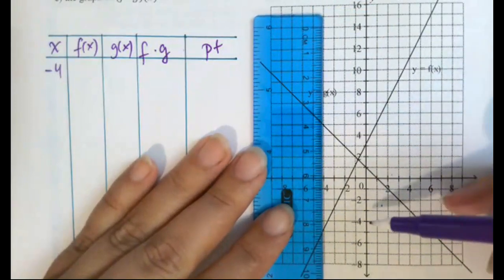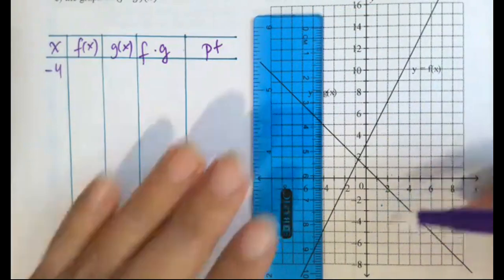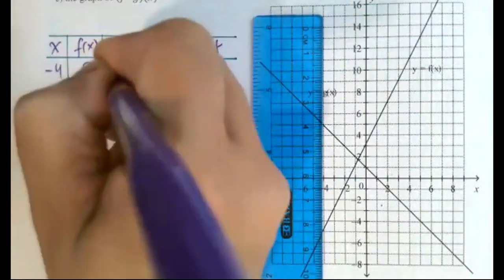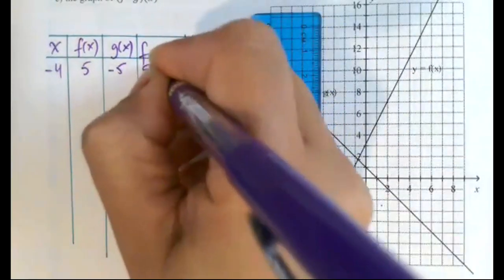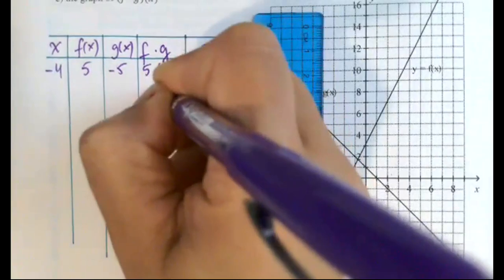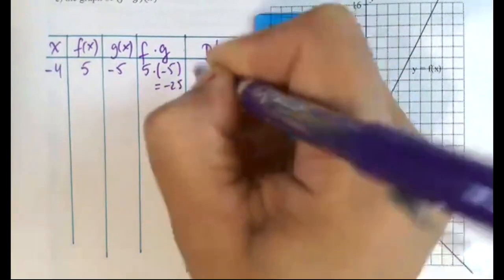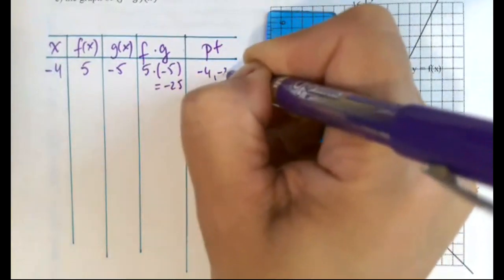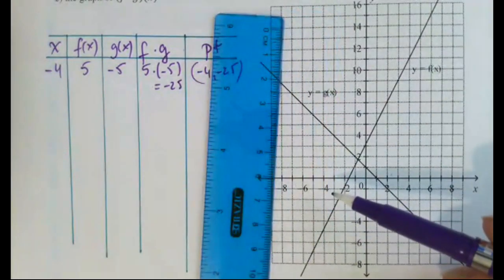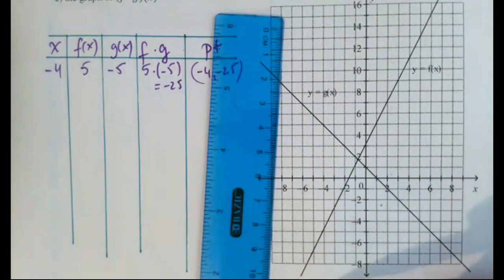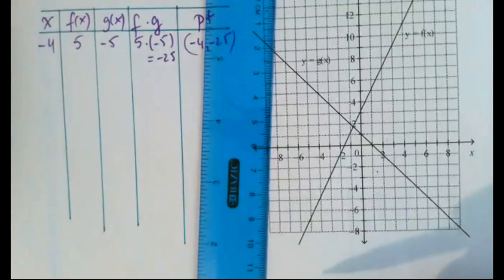We said it's 5, and the other one was -5. So when I do 5 times -5, we're getting -25. So next point is -4, -25. I can't graph it, at -4, -25 is somewhere down here.